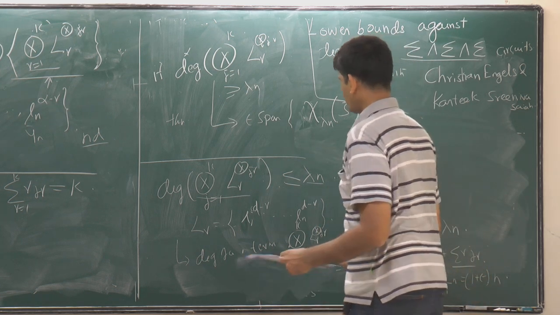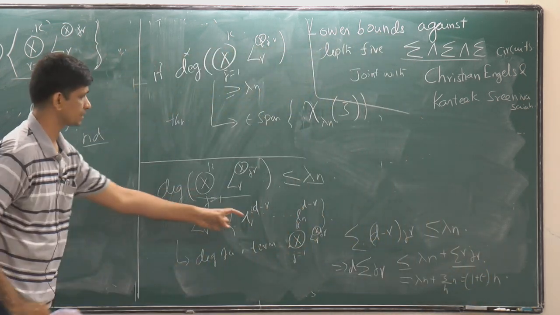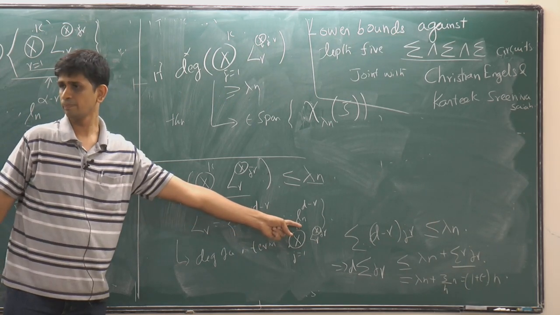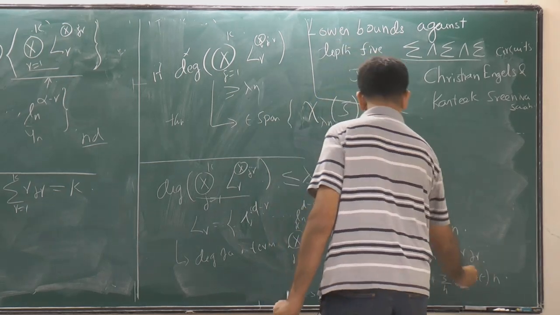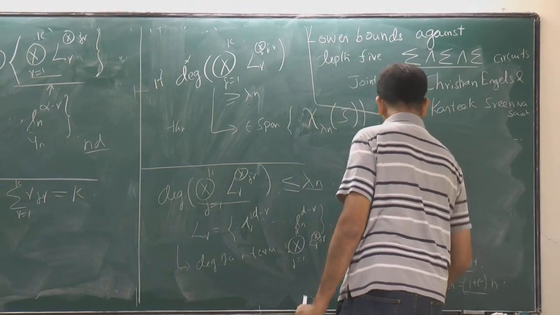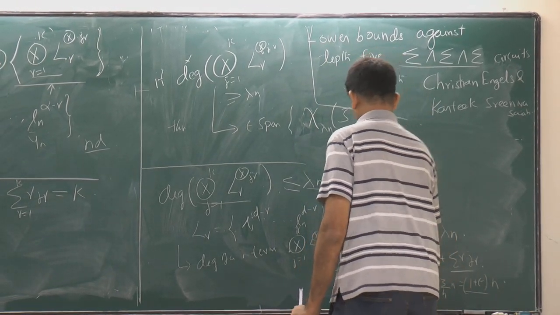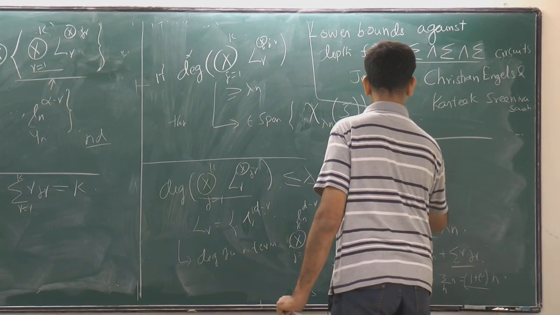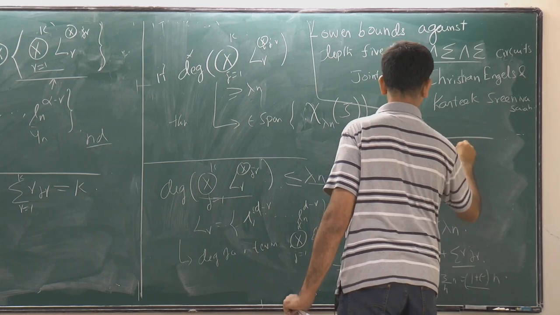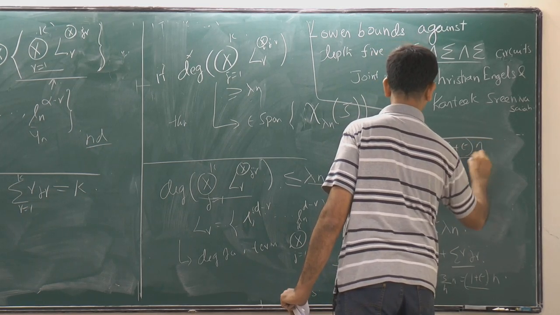Now if I imagine these L_i as formal variables, I can have monomials of degree at most this divided by d. Sorry, this implies summation J_r is at most 1 plus epsilon times n over d.